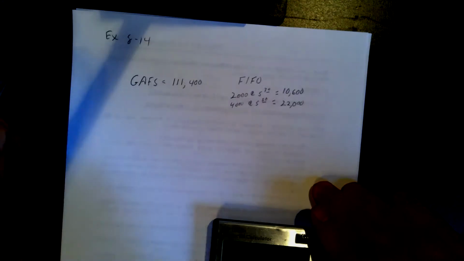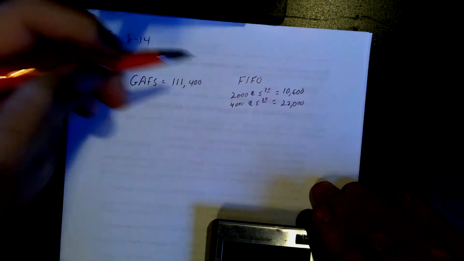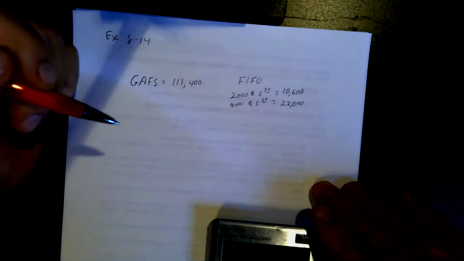The next, so we're left with 4,000 of that 8,000 units. Next, we purchase 6,000 units. We don't have to do anything, but we sold 7,000 units for $11 each. So we go back to this one, the 8,000 units at 550.